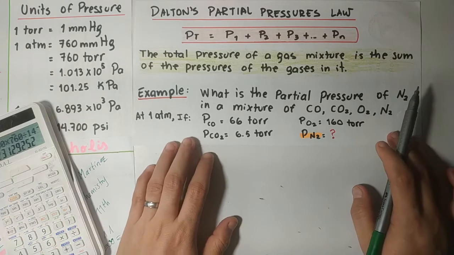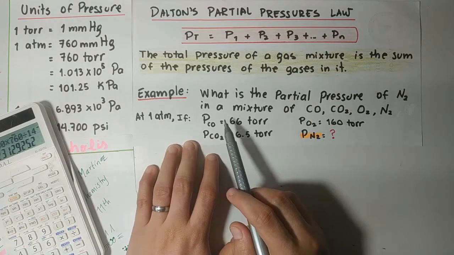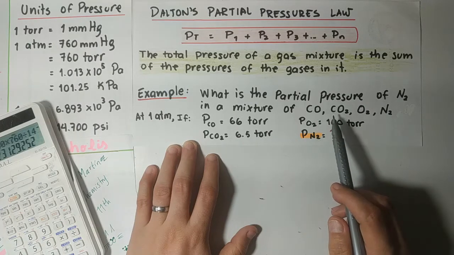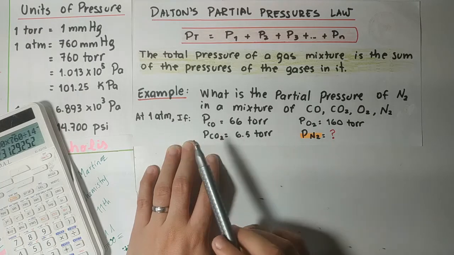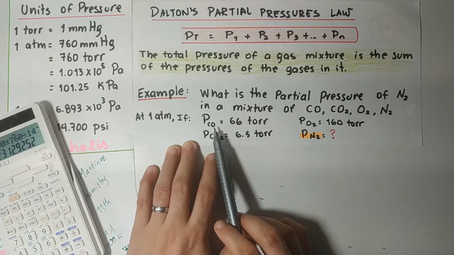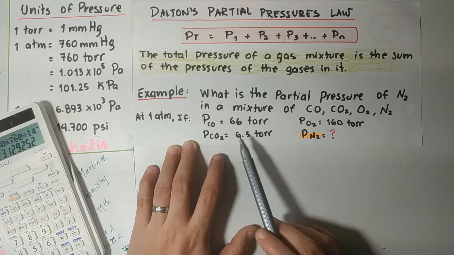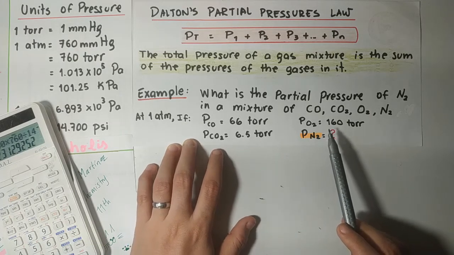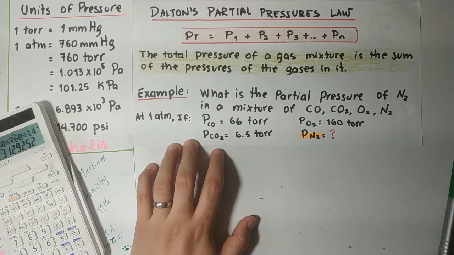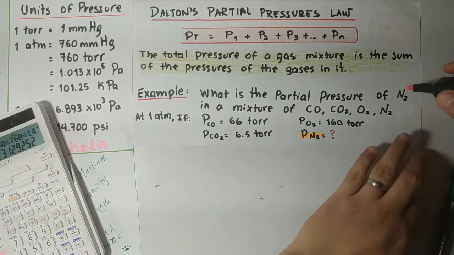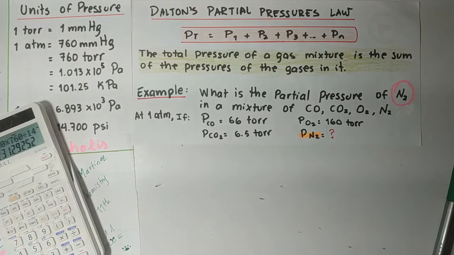Now let's do one example. What is the partial pressure of nitrogen in a mixture of carbon monoxide, carbon dioxide, oxygen, and nitrogen at 1 atm if the pressure of carbon monoxide is 66 torr, the pressure of carbon dioxide is 6.5 torr, the pressure of oxygen is 160 torr, and as I need to find nitrogen, this is going to be my unknown.